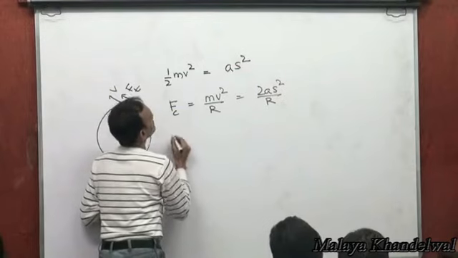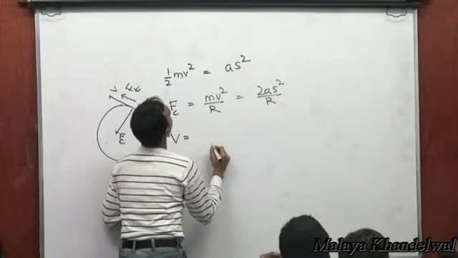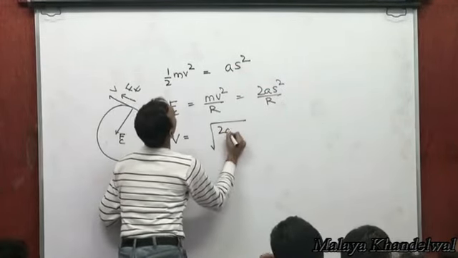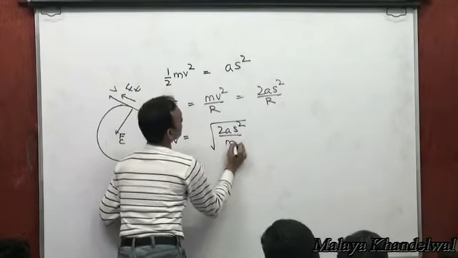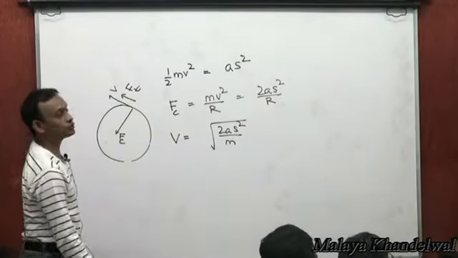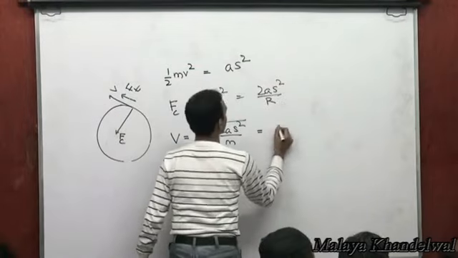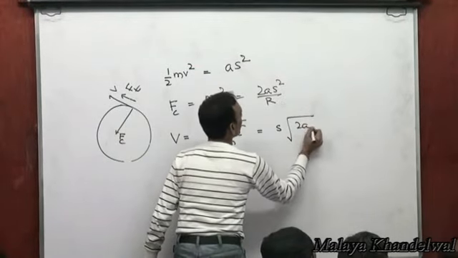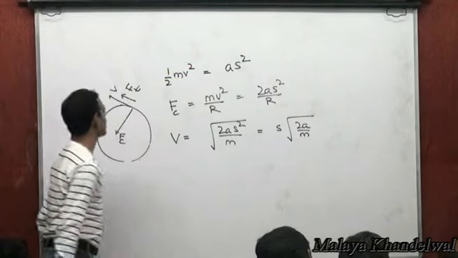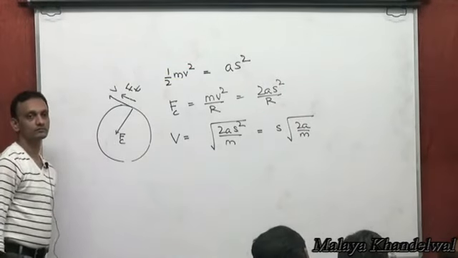Now as you can see, V here is root of 2a s squared by m, which is s root 2a by m, right?